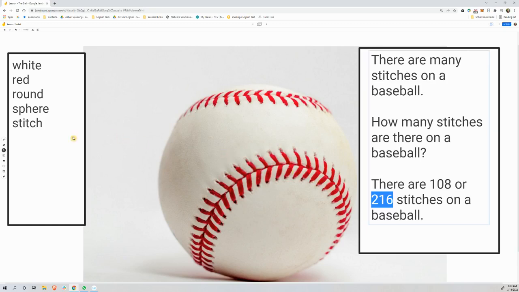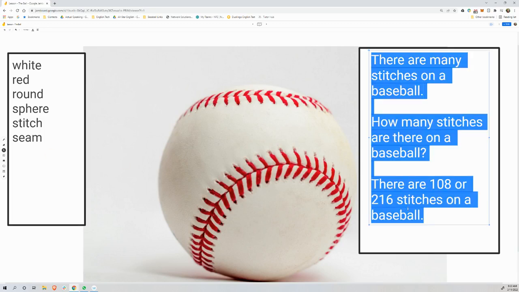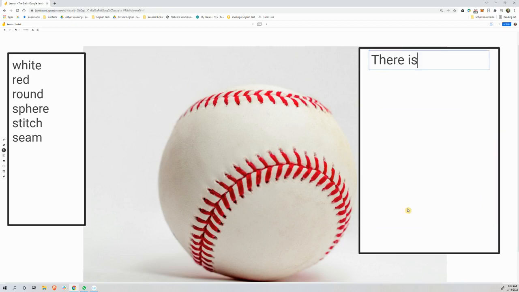And one more word is seam. Okay? Now, what is a seam? So actually, there is one seam on a baseball.